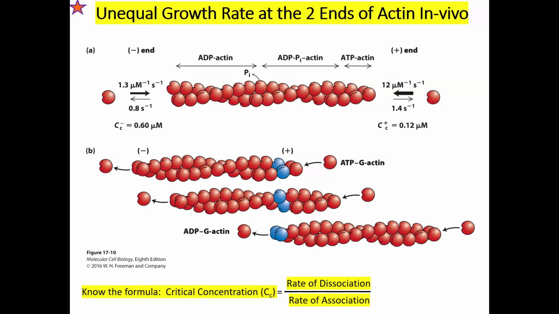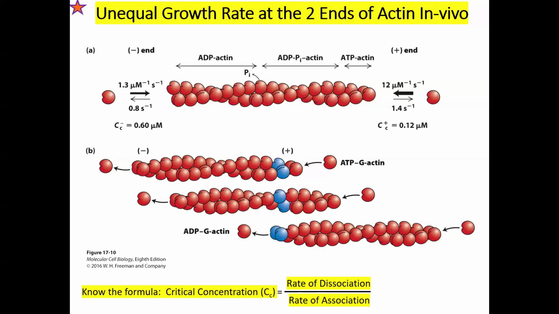Still, in that condition, this end will add actin and this end will dissociate actin. And this is where people get confused. Remember that the reason is that from 1 millimolar, this value is smaller in number compared to this. So they are both smaller, but this is more smaller. Does that make sense? There's no formal term like more smaller, but I'm just trying to make it clear.